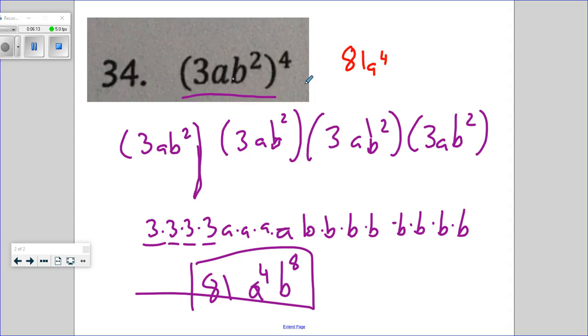And now B squared times B squared is B times B times B times B, right? You've got 4 B's, times another 2 B's is 6 B's, times another 2 B's is 8 B's. So this is B to the eighth power. So 81, A to the fourth, B to the eighth.